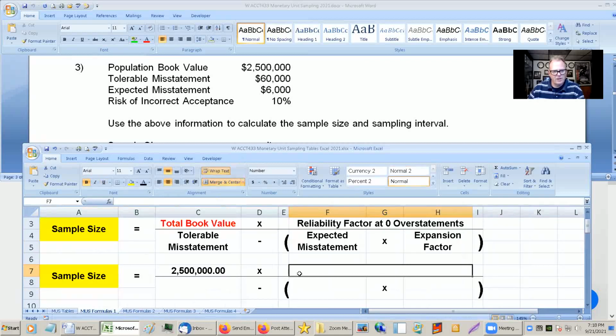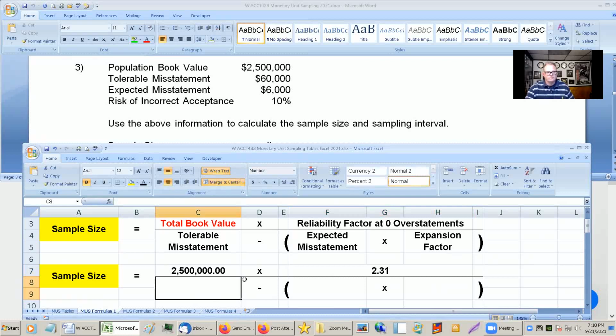So I'm going to go back here. Times, divided by the tolerable misstatement, which is 60,000.